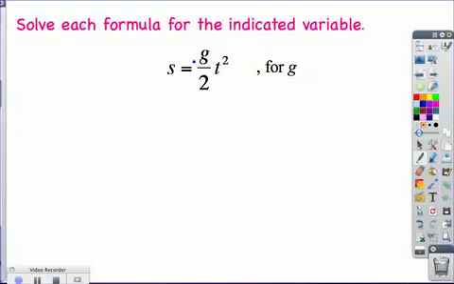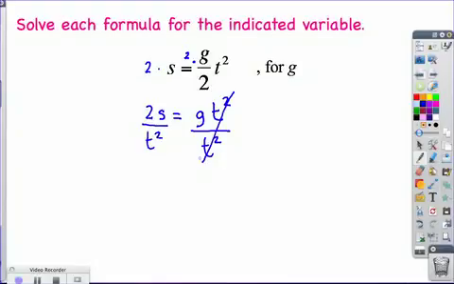To get rid of the denominators, I can multiply every single term by the least common multiple of the denominators, or the least common denominator. The least common denominator would be AB. So I multiply each term by AB.